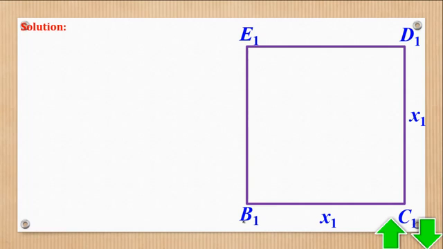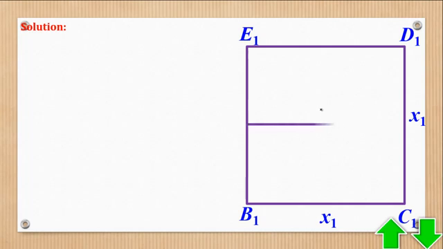So this is now B1, C1, D1, E1. I'm not labeling A, B, C, D because A is used in the question, and it would confuse us. That's why I've chosen to start from B, C, D, E. Now the subscript 1 means the first square, 2 means the second square, 3 means the third square, like that.